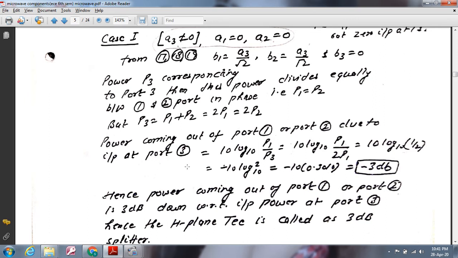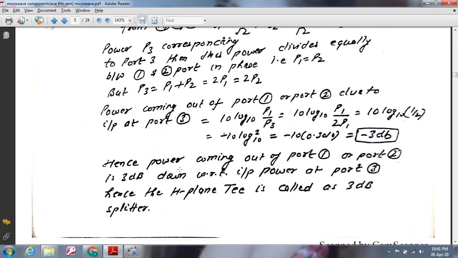This can be written as 10 log10 P1 upon P3 equals 10 log10 P1 upon twice P1, because P3 equals twice P1, equals 10 log10 of 1 by 2. From here we see this power is coming out to be minus 3 dB. So power coming out of port 1 and port 2 is 3 dB down with respect to input power at port 3. Hence the H plane T is called a 3 dB splitter.